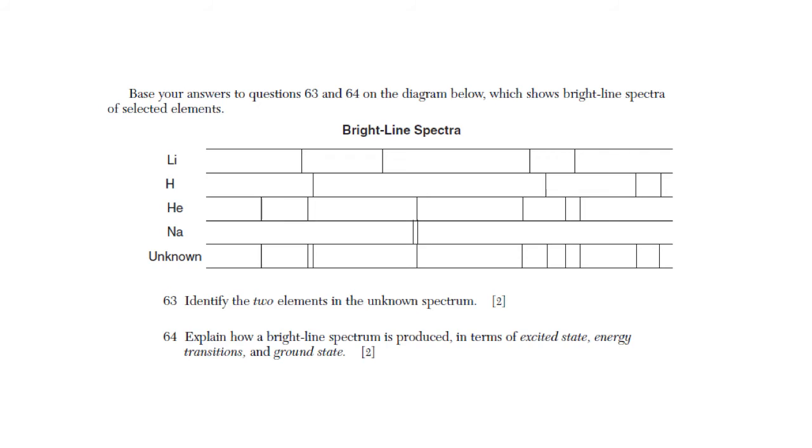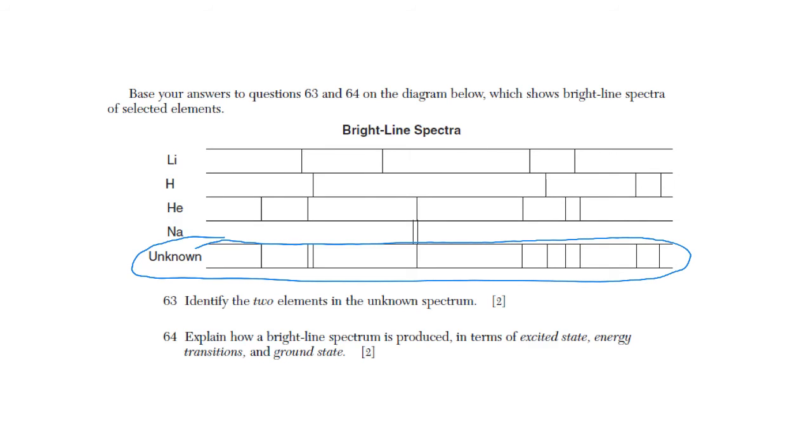So here is an old Regents question that is using spectra for analysis. So we have an unknown. So here's the spectra of our unknown. And the unknown contains two different elements. So if we want to figure out what two elements are in our unknown, we literally just match up the lines. So we have a line here that came from helium, and all of helium's spectral lines should be present.